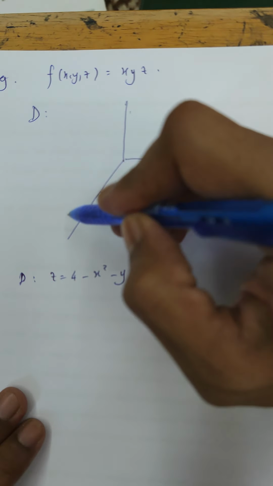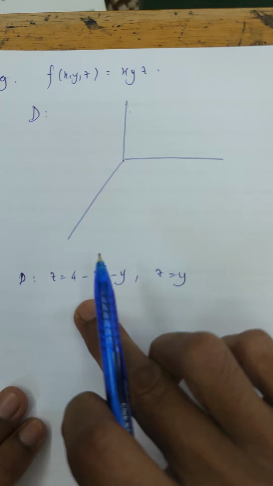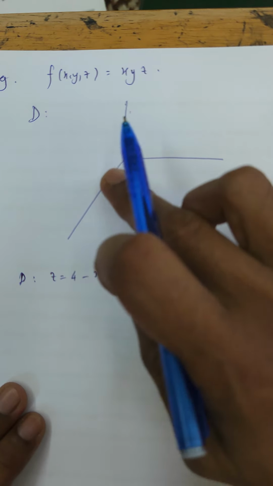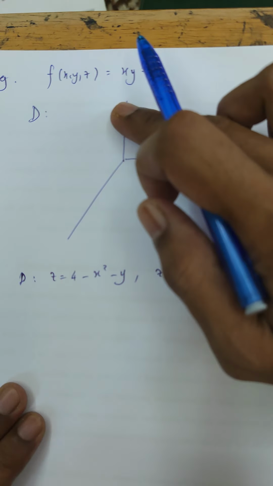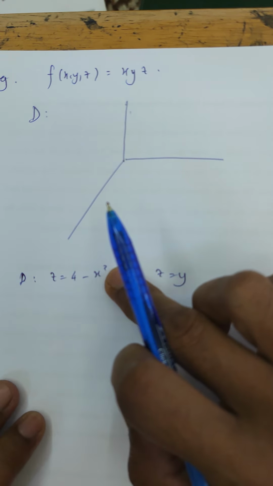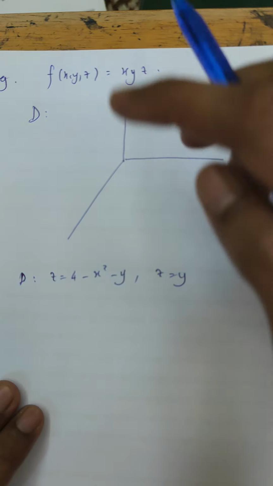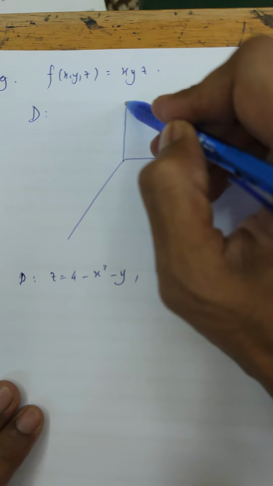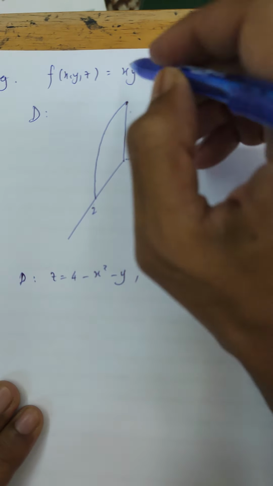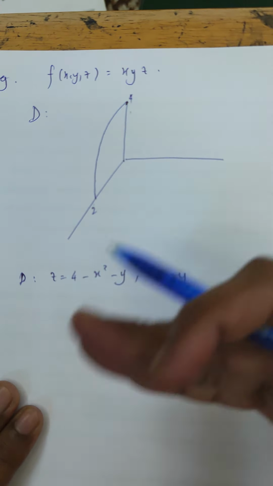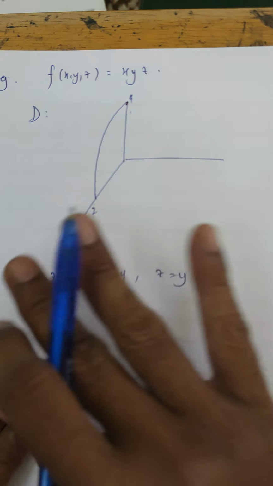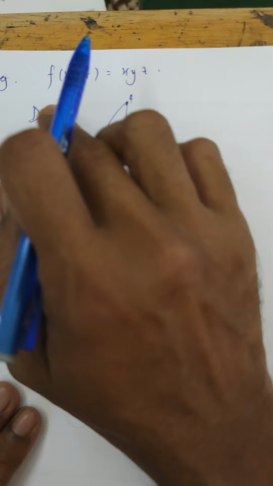For xz, y is 0, so we have 4 minus x squared, so basically we have something like that. We have 2 here, and 4, in the first octant. The negative part we don't take into account because we just need the first octant.